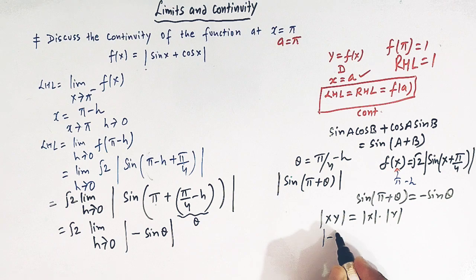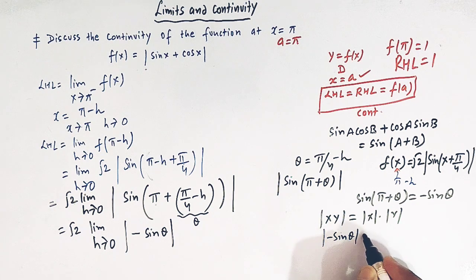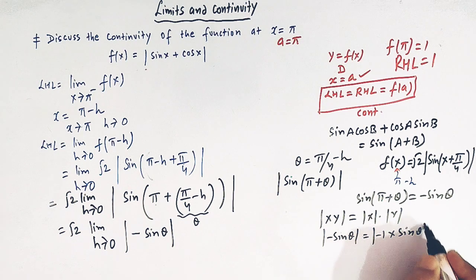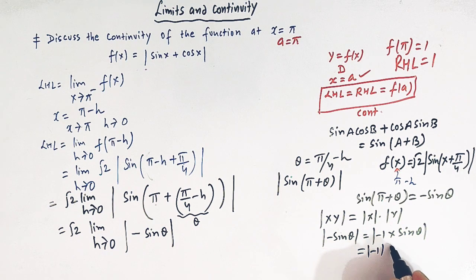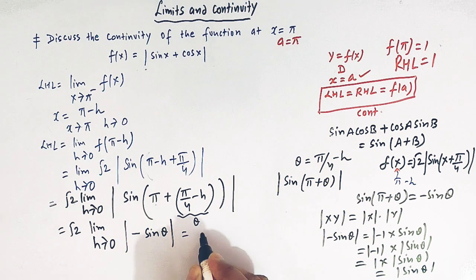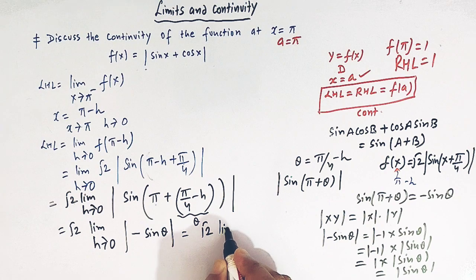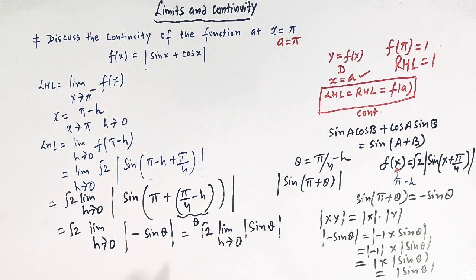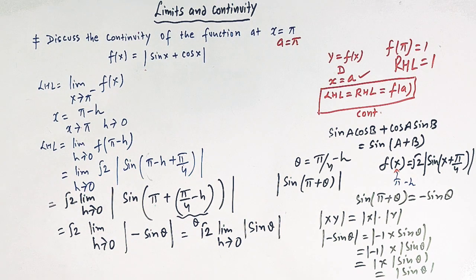So mod of minus sine theta can be written as mod of minus 1 times sine theta, that is equal to mod of minus 1 times mod of sine theta, that is equal to 1 times mod of sine theta, and that is equal to mod of sine theta, right? So here we have root 2 limit h tends to 0 of simply mod of sine theta.